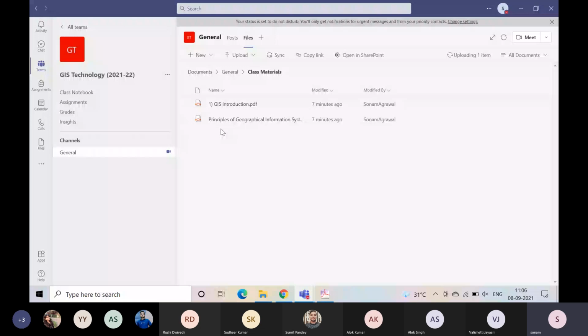Now in today's class, we are going to start the generic questions that can be answered with the help of GIS. First one is related to location. This is a general question about where anything is located. GIS can be used to answer location-based questions related to where.